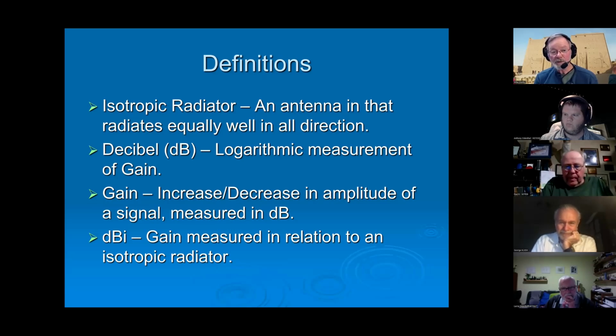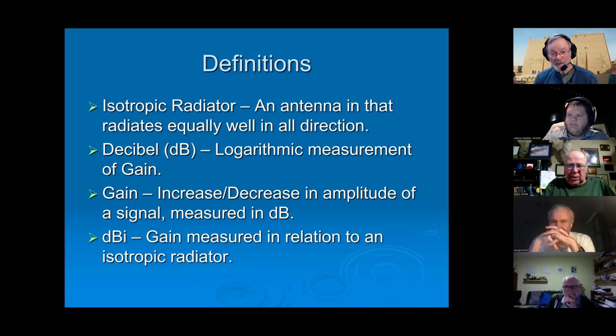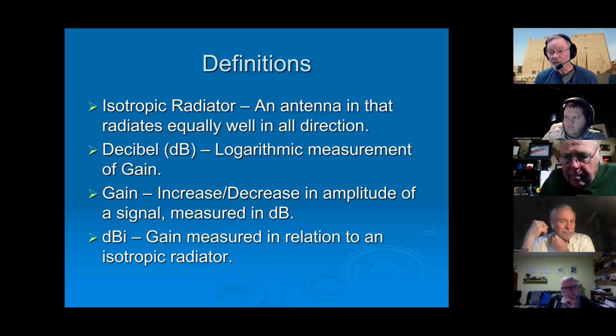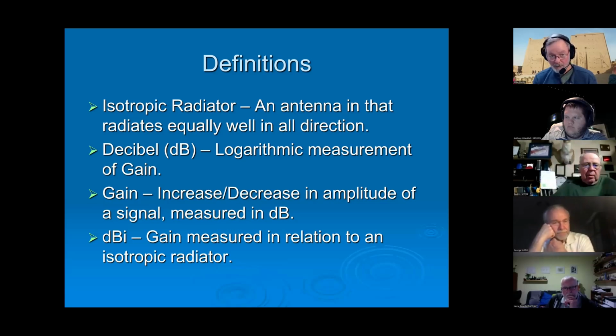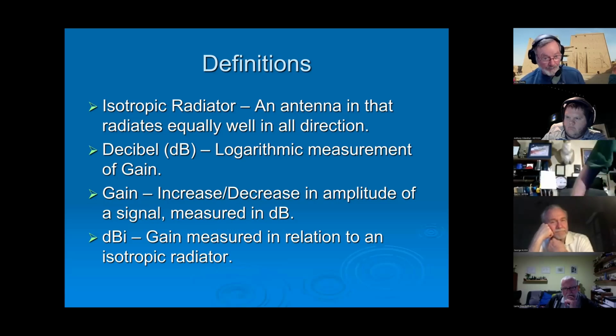So whenever you see that word isotropic, or you see a small i, it'll normally mean isotropic. So that's radiation: an antenna that radiates equally well in all directions. That means that antenna will radiate in a full 360-degree azimuth pattern when you see isotropic.